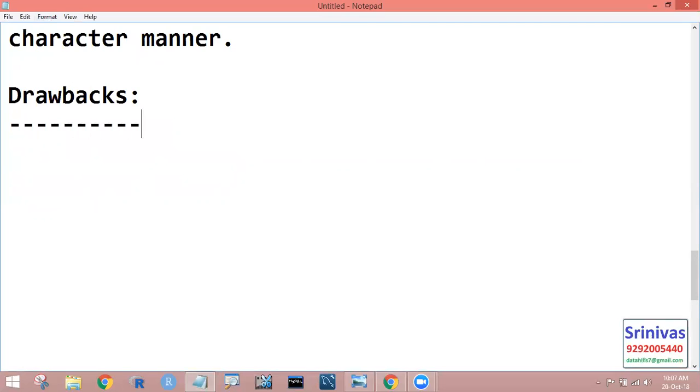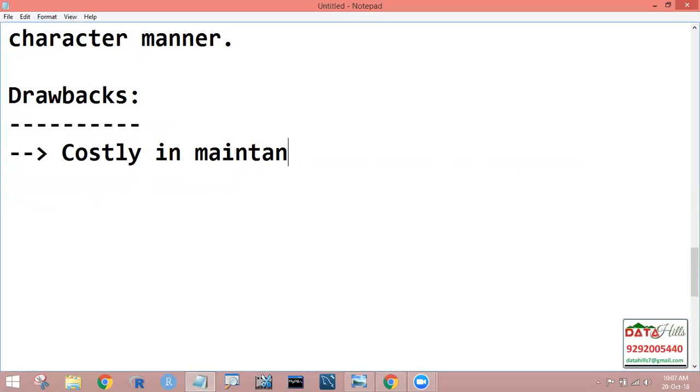See, the maintenance is very high. The cost of maintenance is very high to use this file management system in those days. It is costly in maintenance. Next, manpower is also required more. It is not possible to develop with 2 or 3 members.